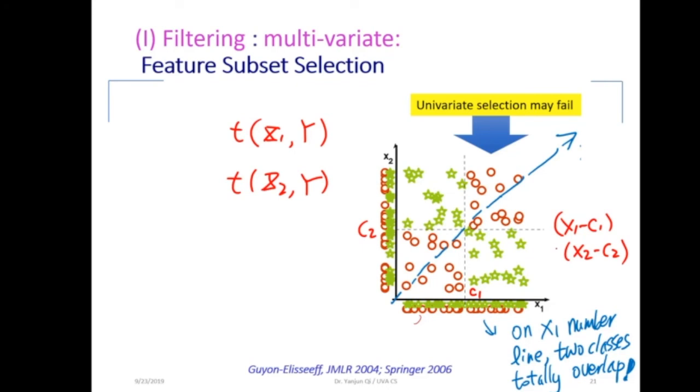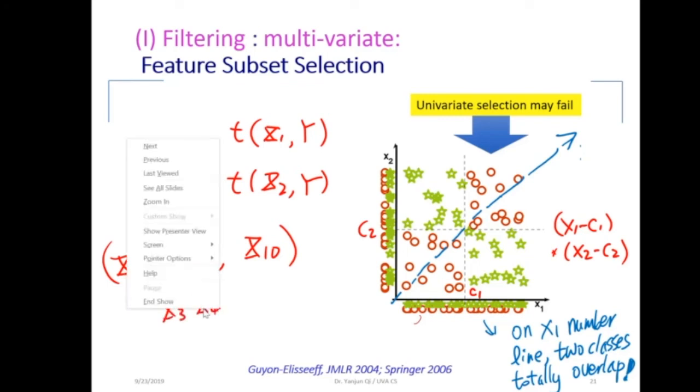Question here? Yeah. So now if I tell you there are x1, x2, up to maybe x10 features, and actually something like the x3 and x4 interaction term is the most important feature.